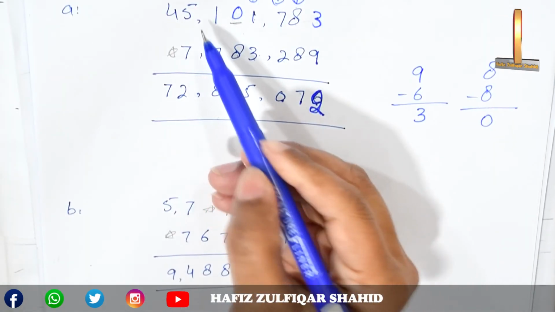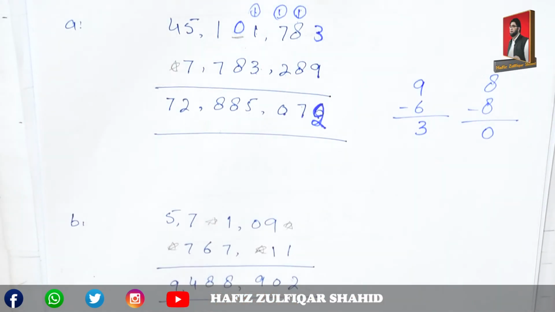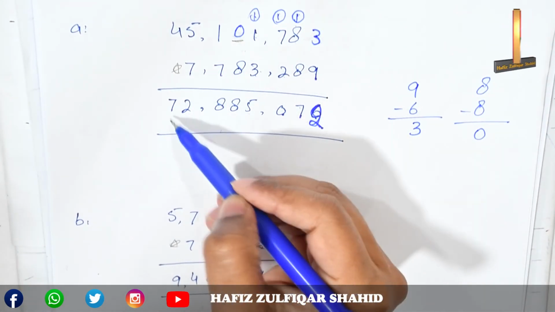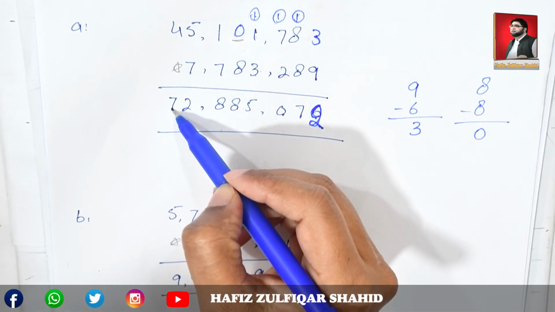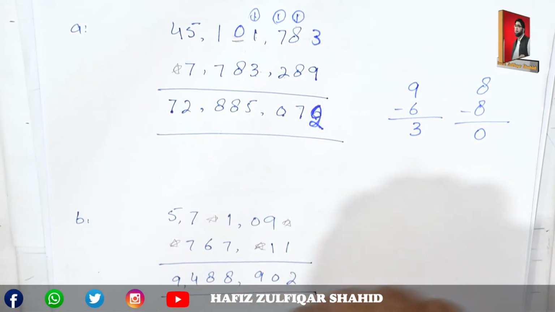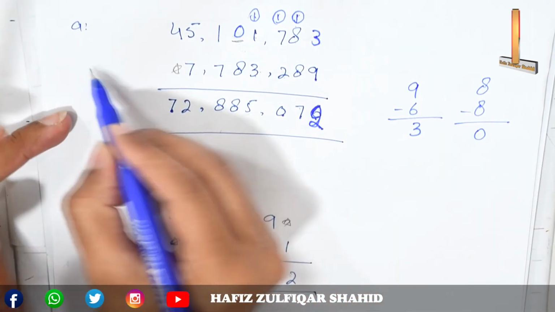Go to the next and remove the last star from this question by using the same process, the reverse method. We have 7 in answer and we have 4 in question. Subtract 4 from 7.